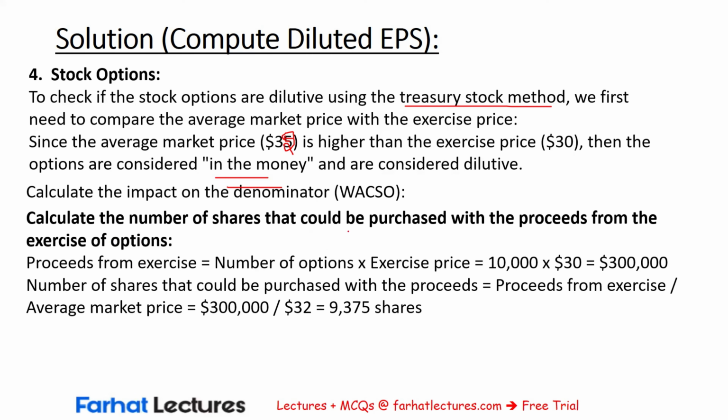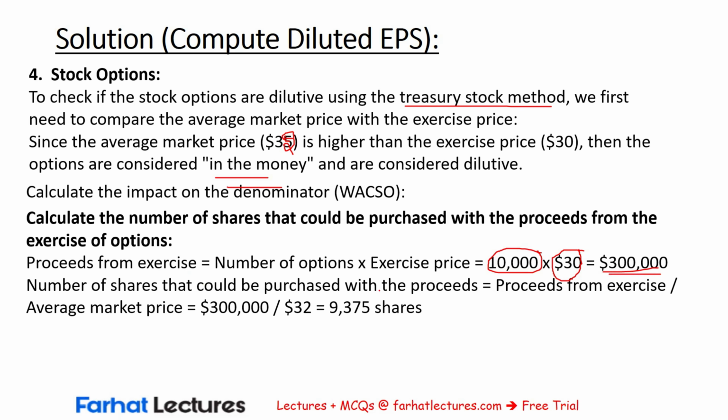So we're going to calculate the number of shares that could be purchased with the proceeds from the exercise of options. The proceeds from the exercise equals the number of options multiplied by the exercise price. So number of options is 10,000 multiplied by the exercise price of $30, and the proceeds are $300,000.